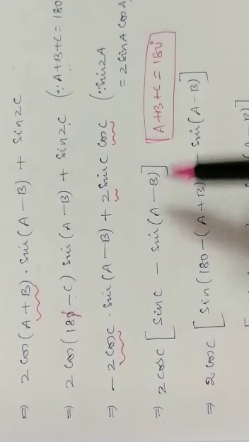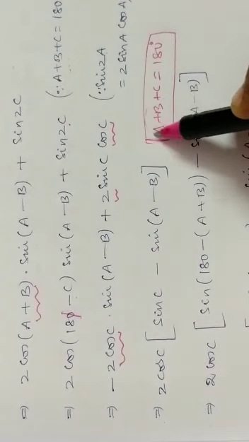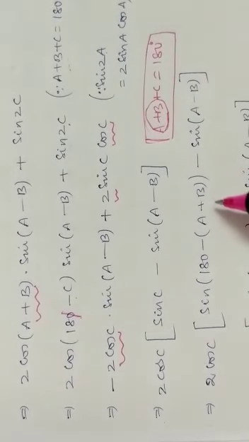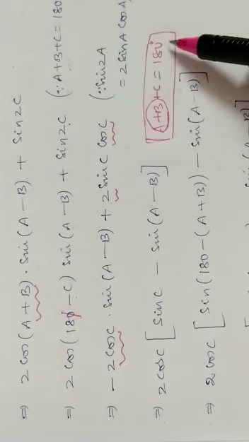What is c? If you shift a plus b to the other side, it becomes 180 minus (a plus b).